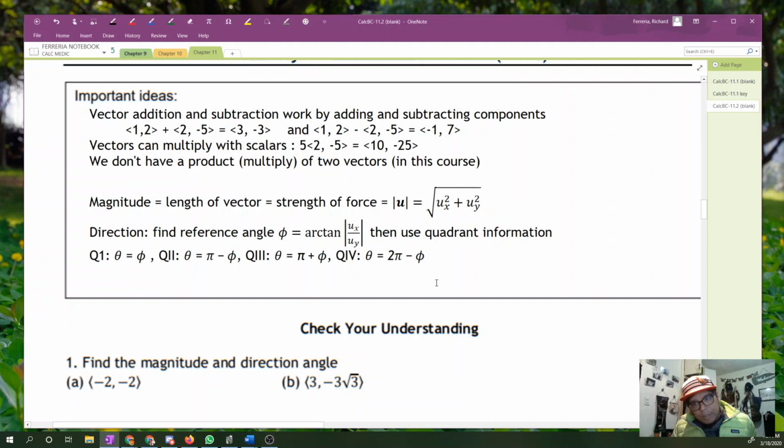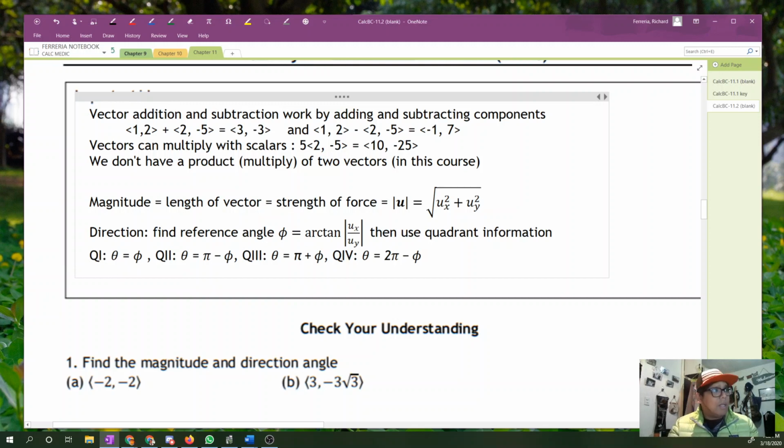We'll do that in physics, I'm sure. We also have how to find magnitude, just a Pythagorean identity, how to find your direction using Arctan, and then quickly a quick rundown about the quadrant information, how that works. And that should set us up for everything.